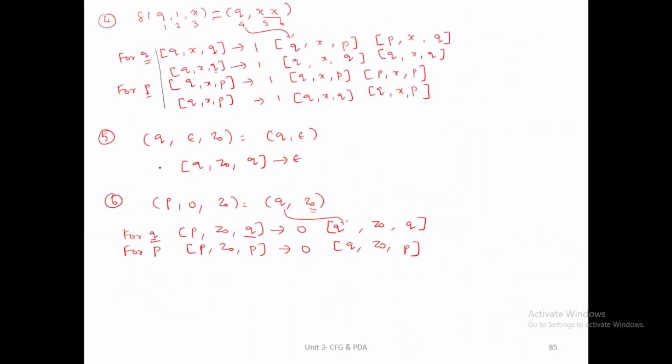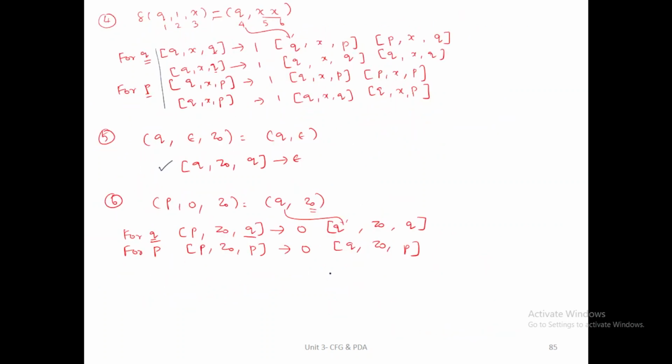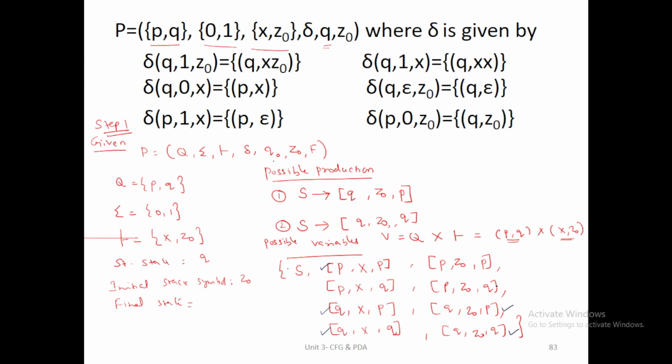Then go to the fifth transition function, it is QZ0Q. So you just put the tick mark, QZ0Q, that is also marked. And the next combinations are PZ0Q, PZ0P. So these 7 variables are available, but PXP does not contain a production from these 6 different transition functions.